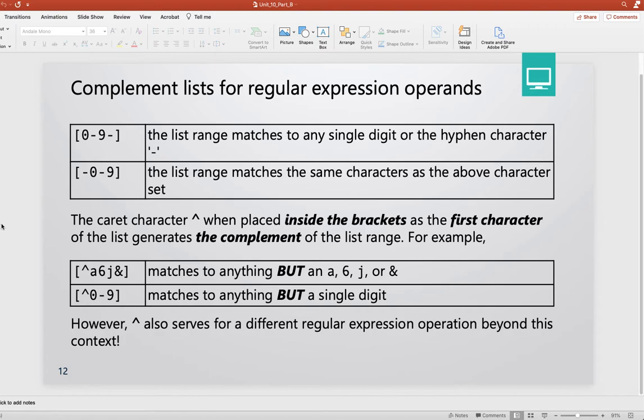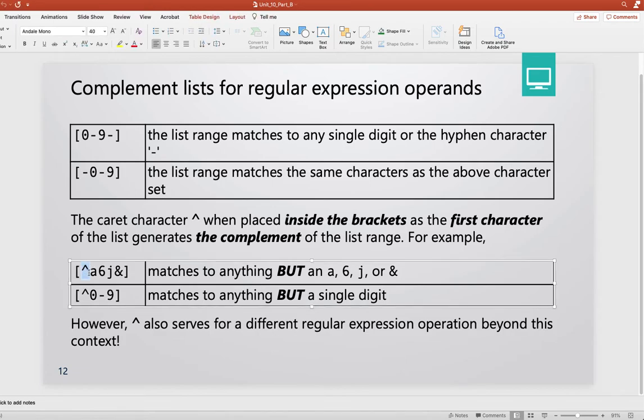And the caret character, when placed inside the brackets as the first character of the list, generates the complement of the list range. So for example, if we do not have this caret character, this representation will match to A6J and.